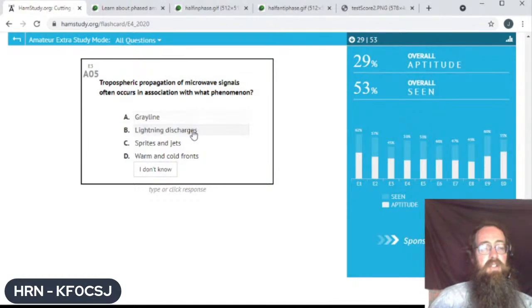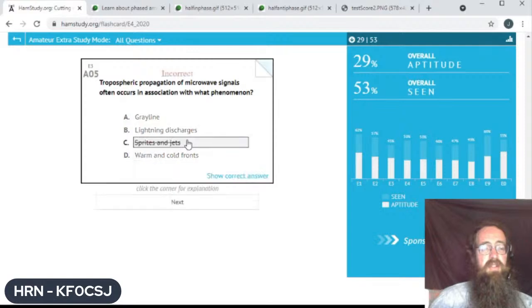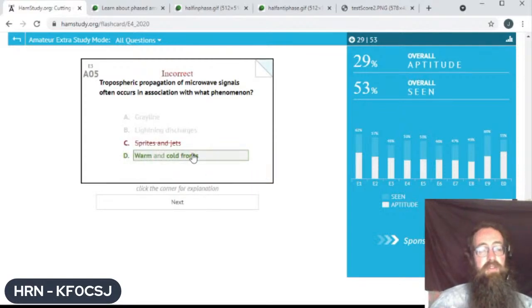Lightning discharges, lightning just messes up everything, so I doubt that. And I'm going to go with sprites and jets. Nope, it's warm and cold fronts. So tropospheric is warm and cold fronts. And see what they have to say.